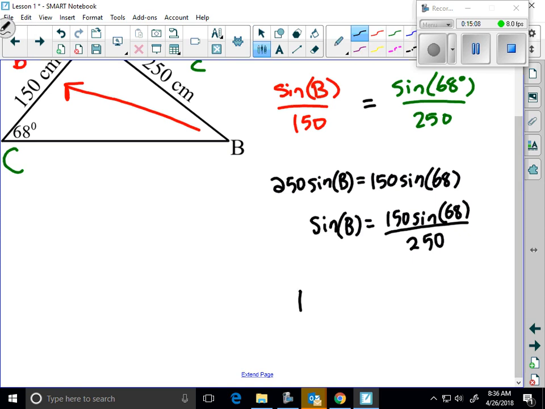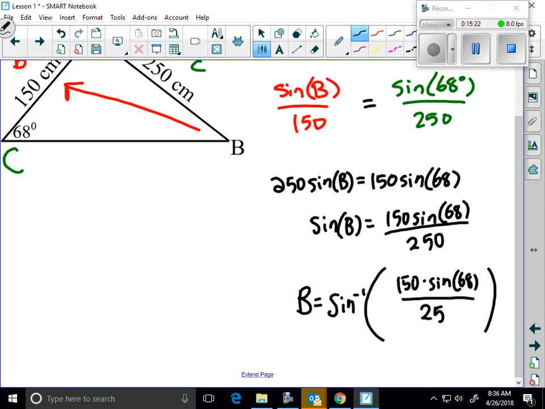So the angle B is equal to the inverse sine of 150 times the sine of 68 over 250. We take the inverse sine of all of this.